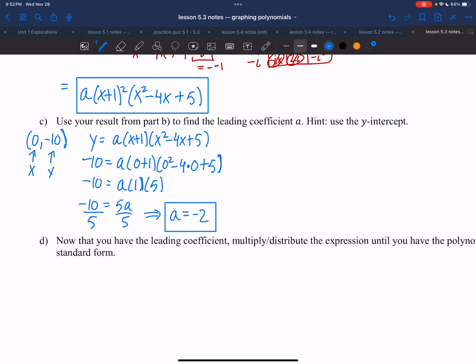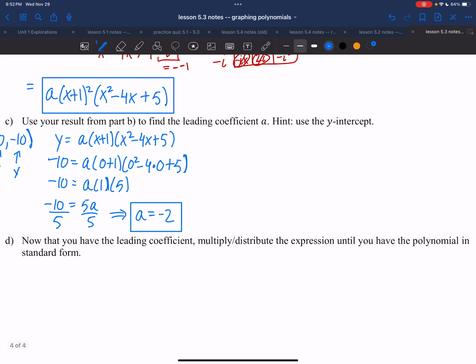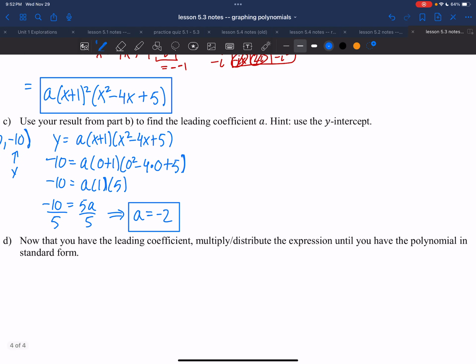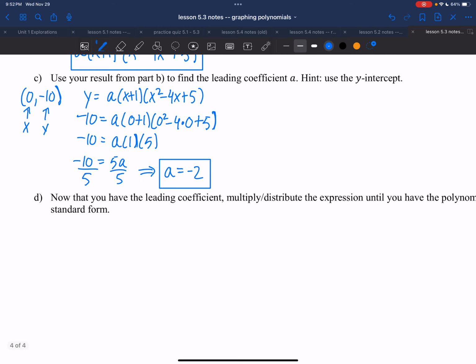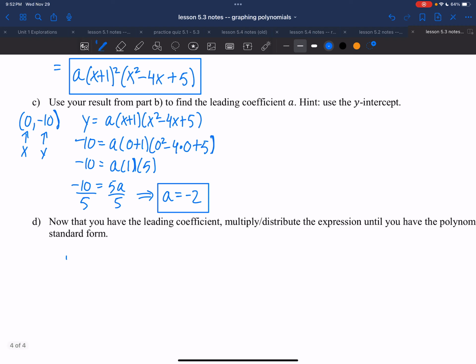Now for the tedious part. Now that you found the leading coefficient, multiply all of this out until you have standard form. So this is a mastery of distribution problem right here. f of x is a, which is -2, times x plus 1 squared, times x squared minus 4x plus 5.